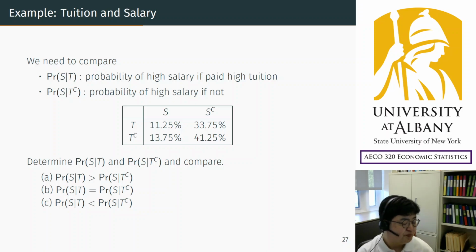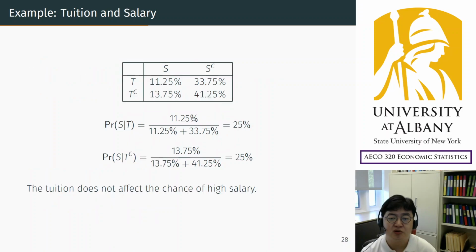Okay, if you have not finished your algebra, pause again. The answer is B, right? So we learned how to calculate the conditional probabilities based on a 2 by 2 joint probability distribution table. It works this way.